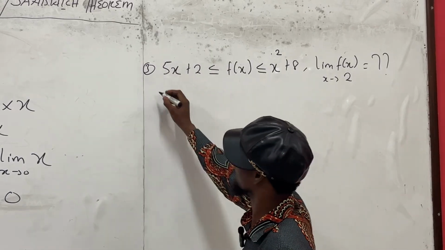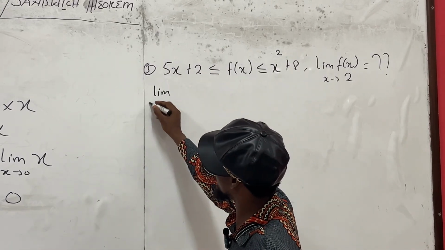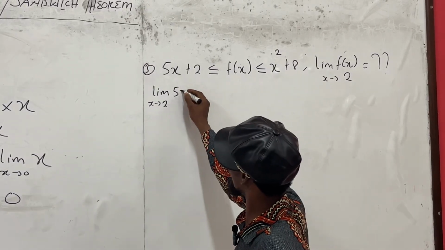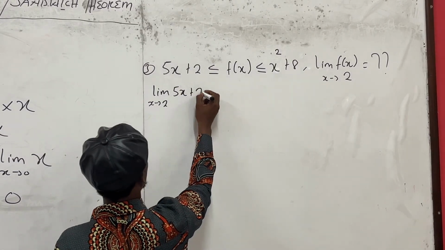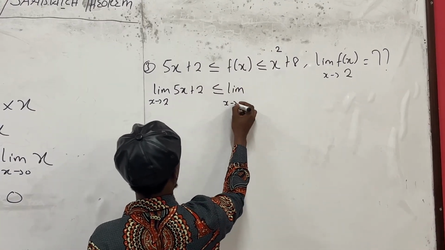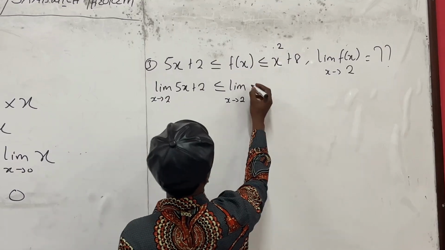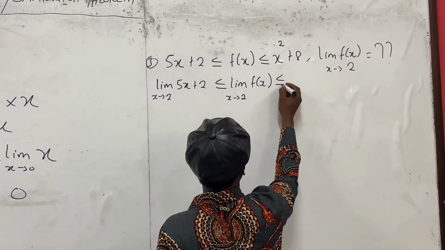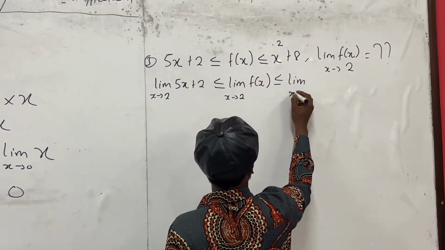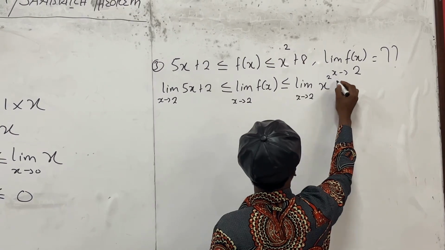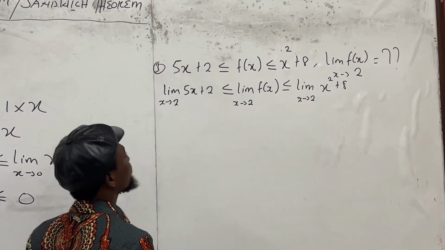You take limits. So you have the limit as x approaches 2 of 5x plus 2 is less than or equal to the limit as x approaches 2 of f of x, which is less than or equal to the limit as x approaches 2 of x squared plus 8.